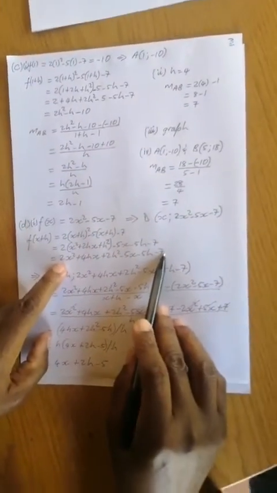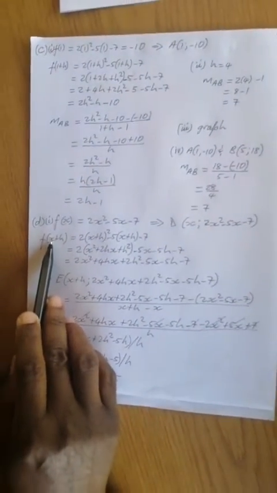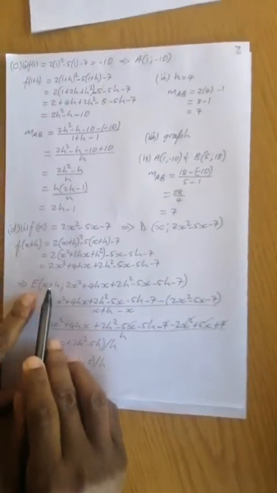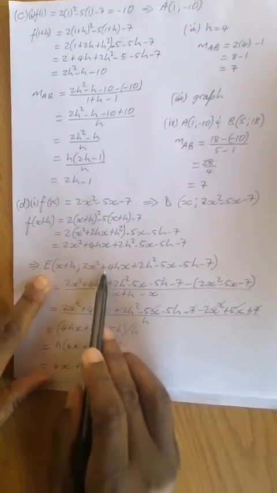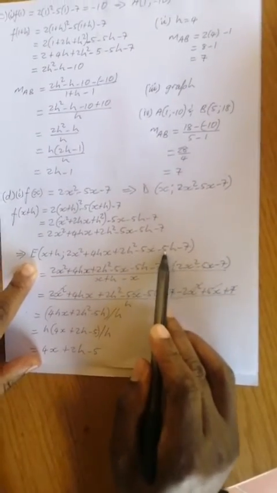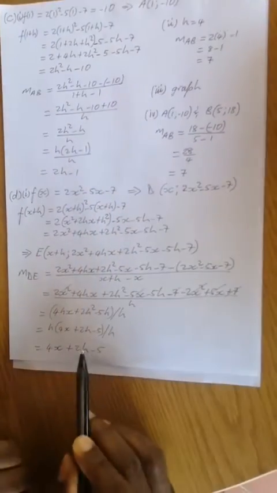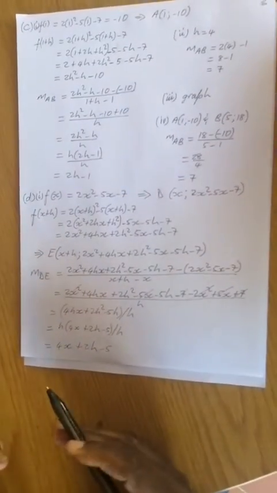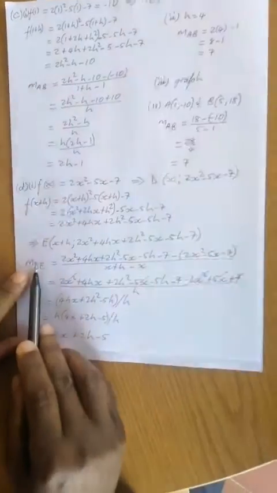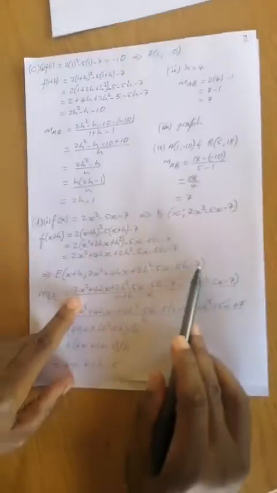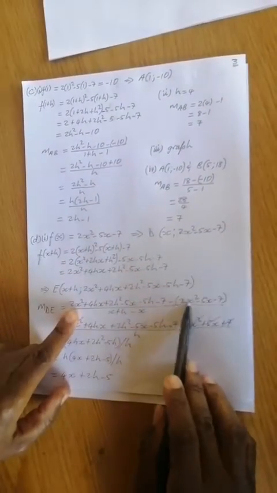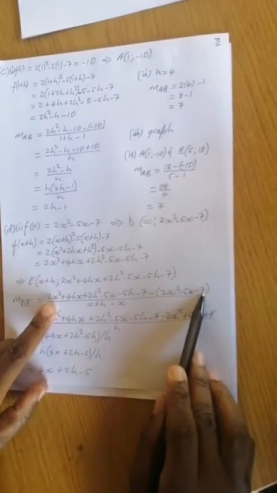This is the y coordinate at the point x is equal to x plus h. So our E has coordinates x plus h and 2x squared plus 4hx plus 2h squared minus 5x minus 5h minus 7. Substituting into the gradient to get the gradient in terms of x, we shall have gradient of DE equal to, you take this whole expression, write it here, minus, you take this expression, but make use of brackets because the signs have to change.